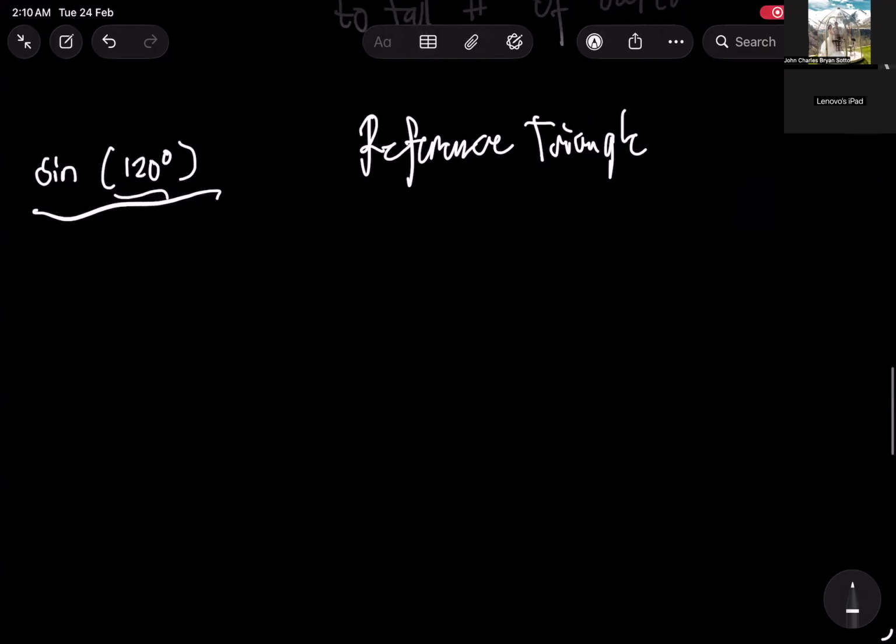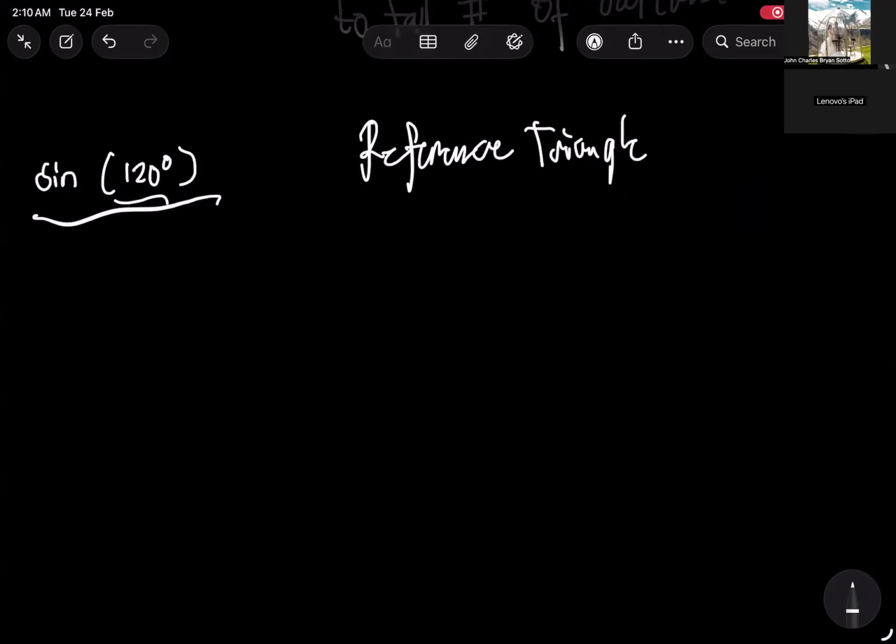In order to solve this one, we need to draw the Cartesian plane. Since it is positive, i-drawing ko lang yung positive side. Sabi dito 120, so magdodraw ako ng angle ng 120. If I draw this angle, this is already 90 degrees, then I'll extend it out here para maging 120 siya.